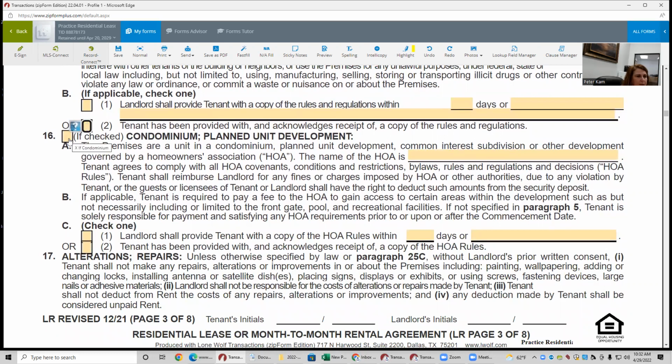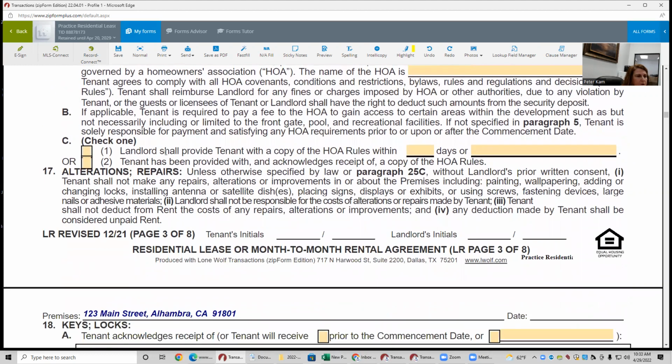Now, if it's a condominium or planned unit development, generally the HOA has their own rules. Please insert the name of the HOA here. If you don't know it, ask the landlord for it. And here you want to check 1. The landlord shall provide the tenant with a copy of the HOA rules within X amount of days, or put a date.